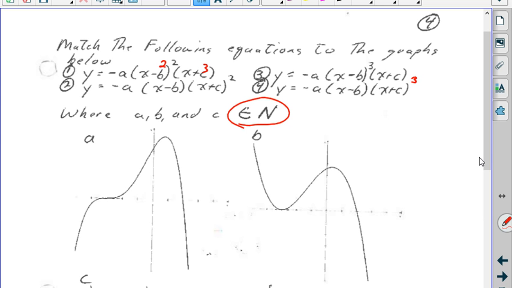What side is the zero going to be on for the factor x plus 3? It's going to be on the left side of the y-axis. This guy's going to be on the left side. This guy will be on the right side.